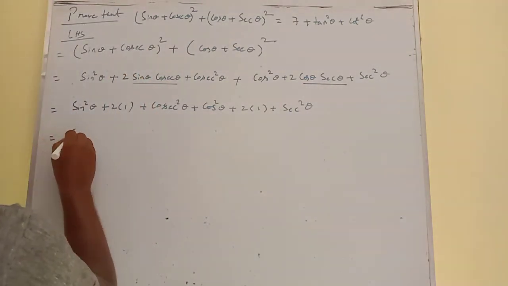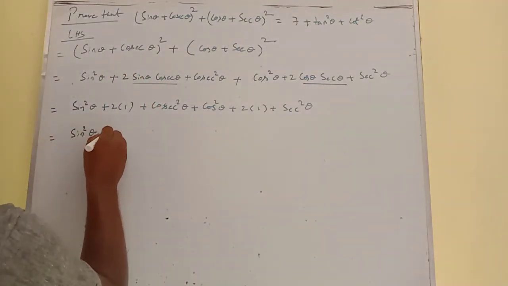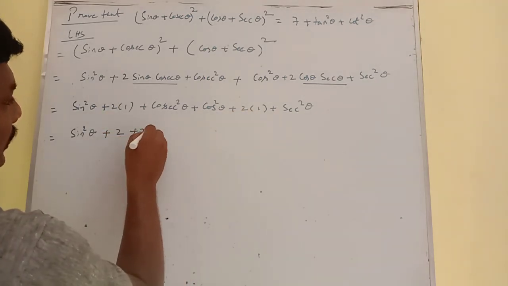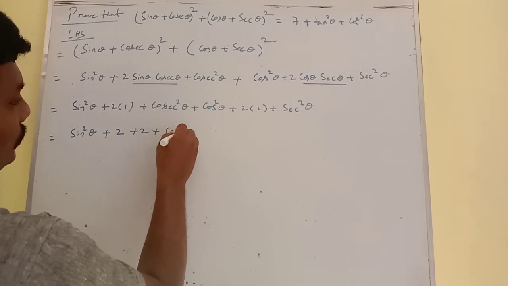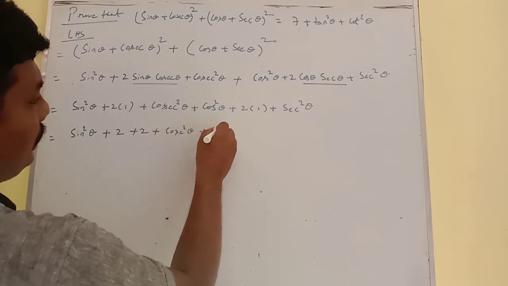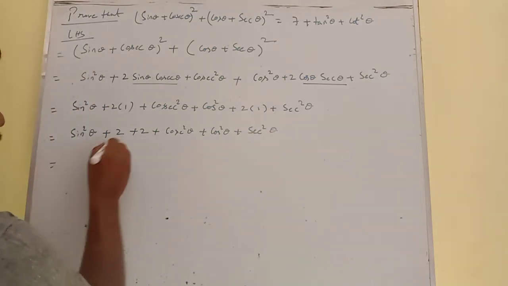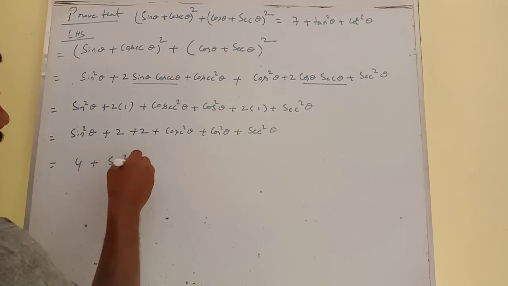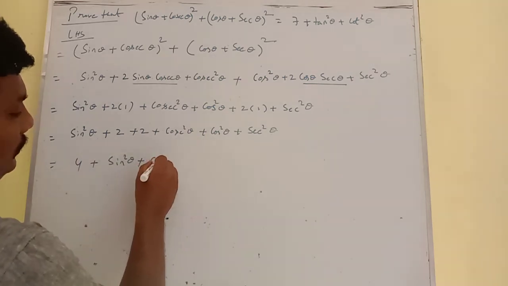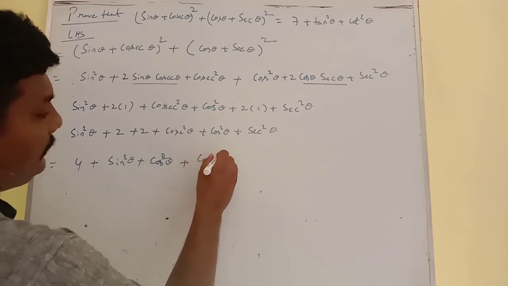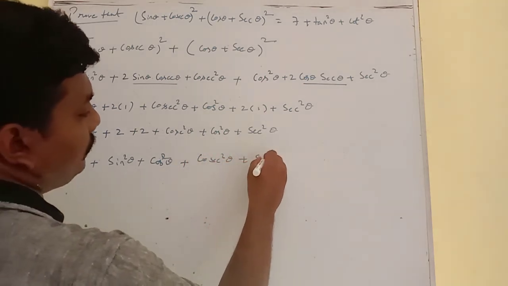Now 2 ones are 2, and here also 2 ones are 2. So I am taking 2 plus 2 is 4, plus sin square theta plus cos square theta plus cosecant square theta plus secant square theta.